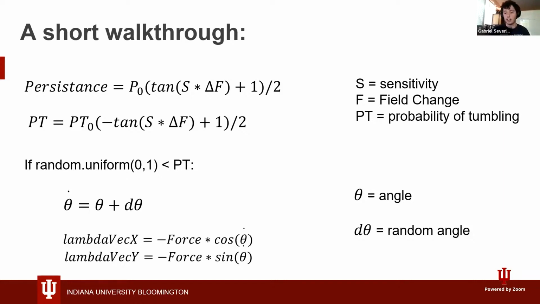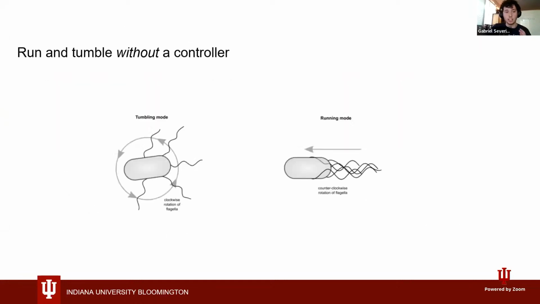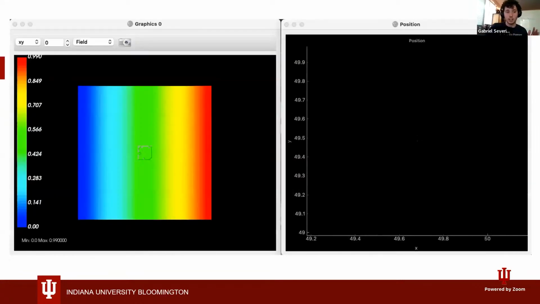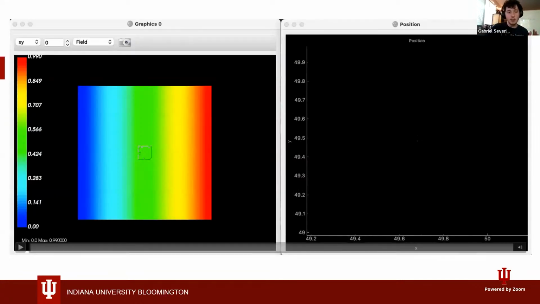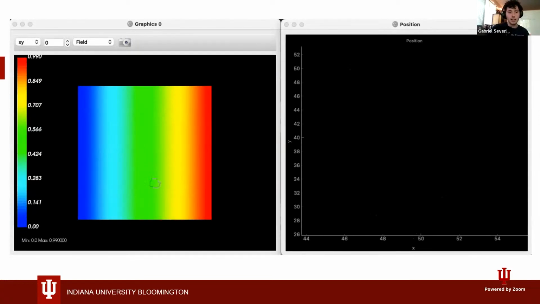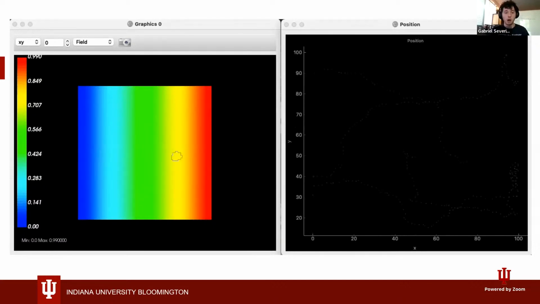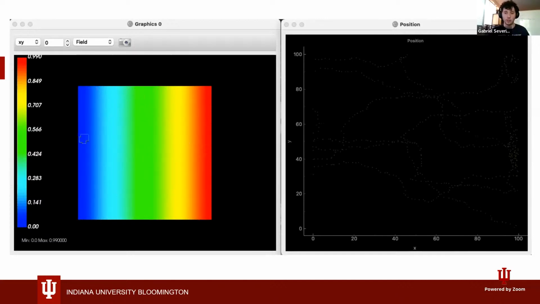Just to show you what this ends up looking like in a simulation, you see a pseudo-random, not actually random, movement that ends up going towards the concentration over time. It'll run to the right over and over, and because the edges are periodic, it loops over. It's more like a torus than just a 2D grid.